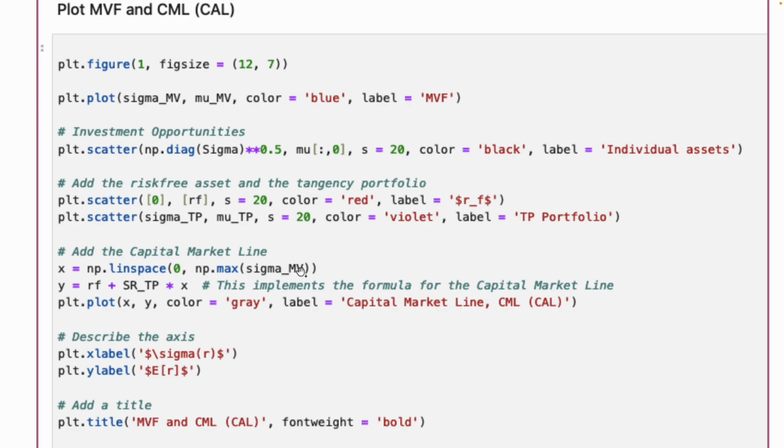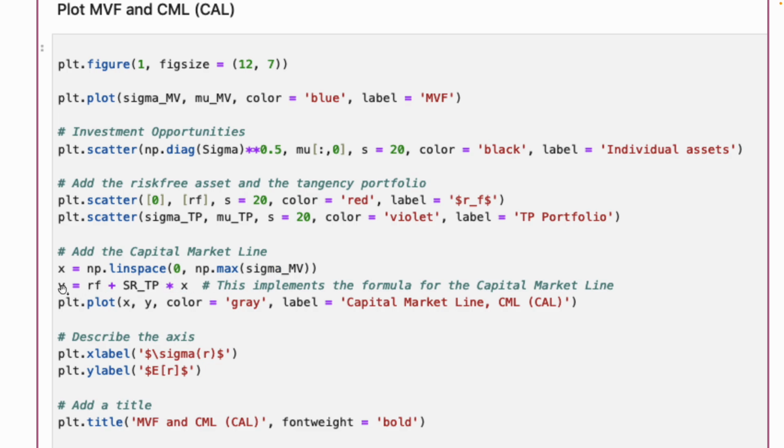Yeah, you could either just use numbers and make it fit, but what's nicer here is sigma MV is a vector, so therefore I take the biggest element of it, and this makes sure that the graph will match nicely with the x-axis. So now I have these points between 0 and the max sigma MV.